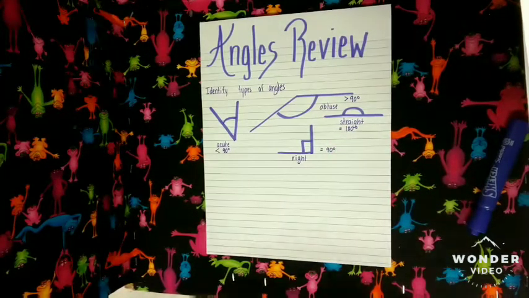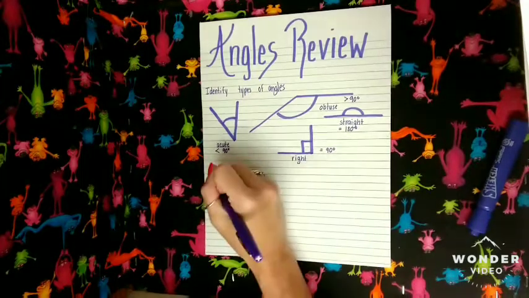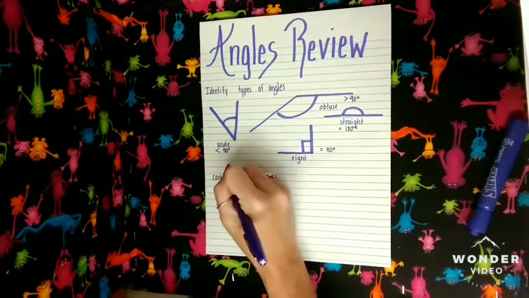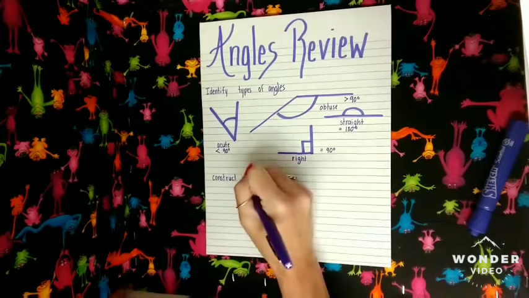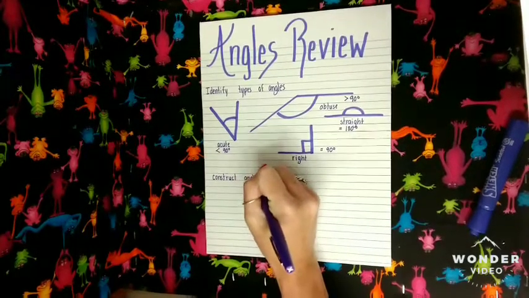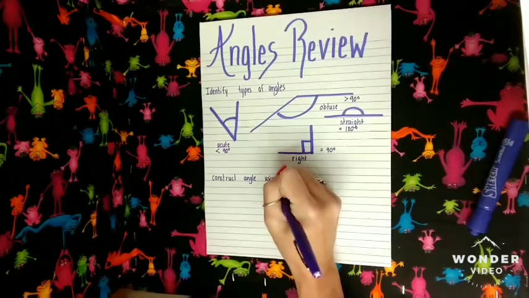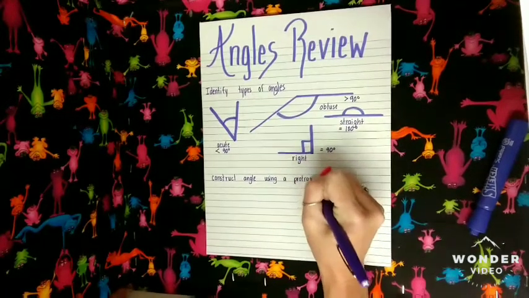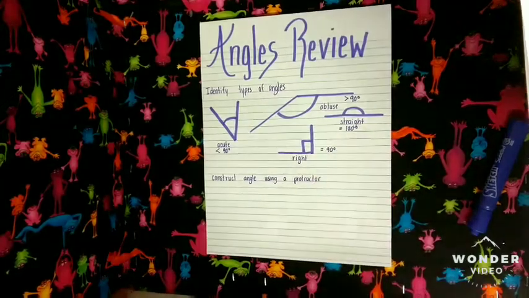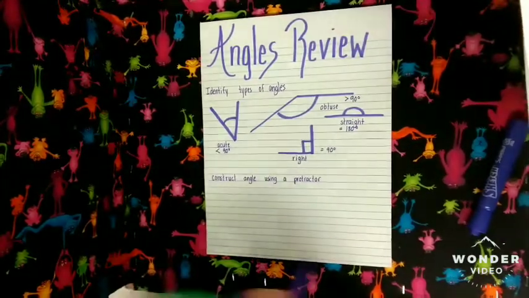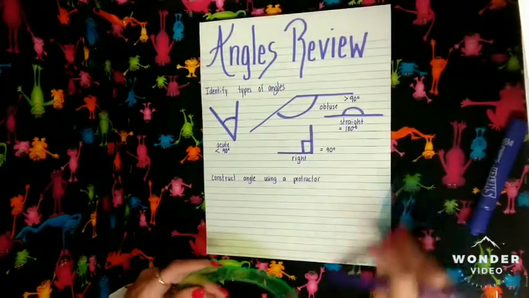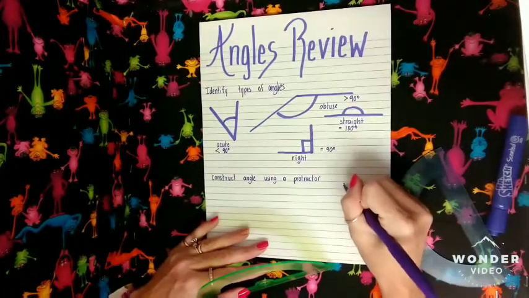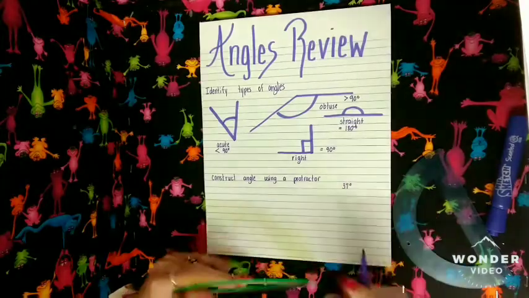So they need to understand the properties of the angles. They need to be able to construct an angle using a protractor. All right, so let's say that they need to construct an angle that is 37 degrees.